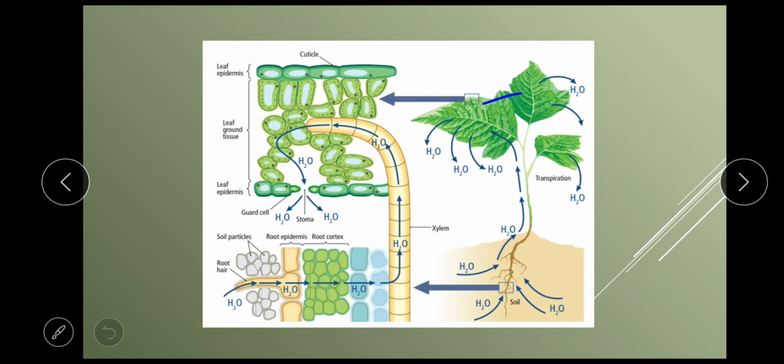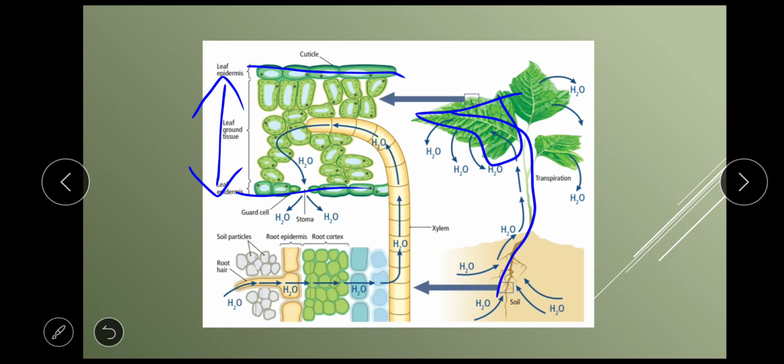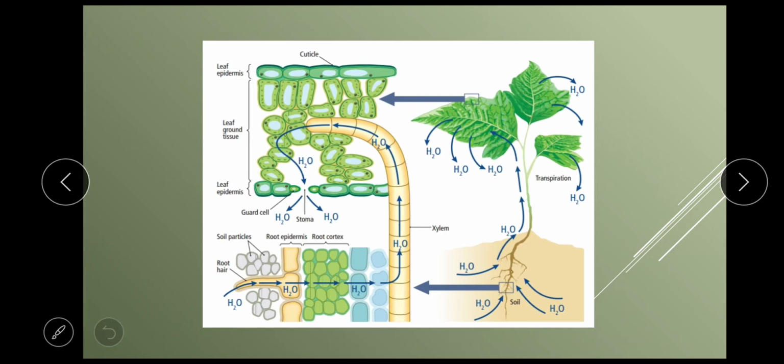This leaf looks like this. This is the width of the leaf. Inside the leaf, see here, this water is going like this in the leaf. You can imagine that this is the root hair.